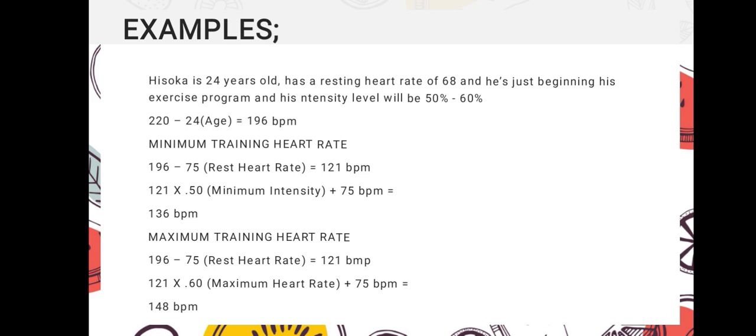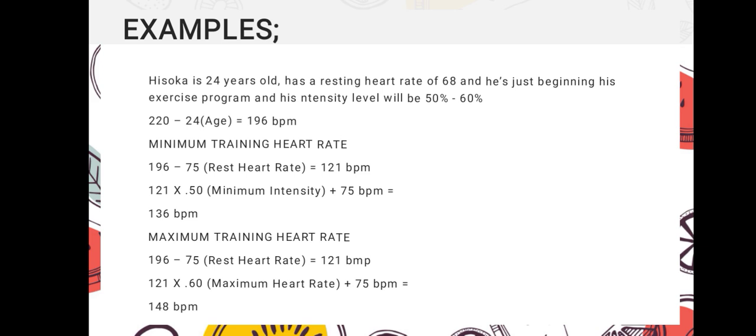Kukunin natin yung minimum training heart rate niya. So, 196 minus 75 is equal to 121 BPM. 121 times 0.50, 0.50 kasi 50% yung inuna natin, plus 75 is equal to 136.